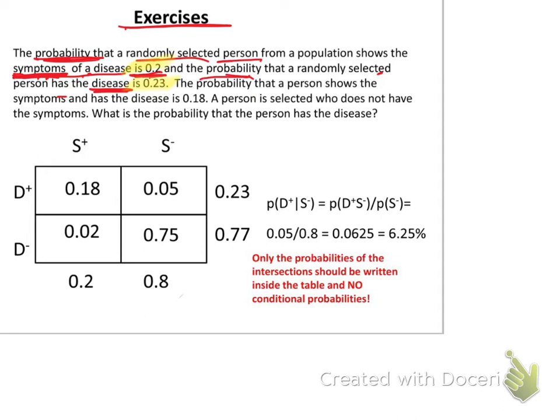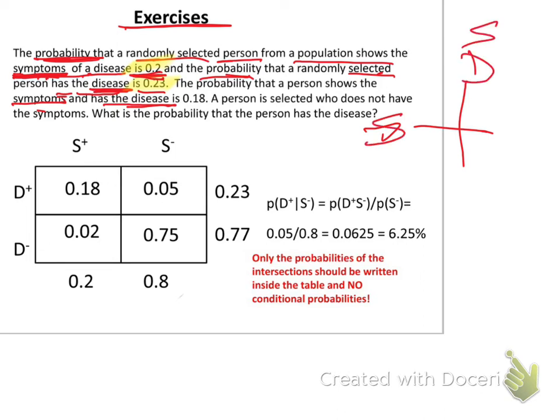Okay, so the person selected from the population shows symptom of disease 0.2, and the probability that a randomly selected person has the disease itself is 0.23. The probability that the person shows symptom and has the disease, this is the intersection, symptom and disease, or the other way around.